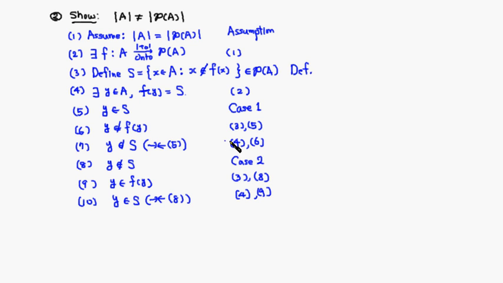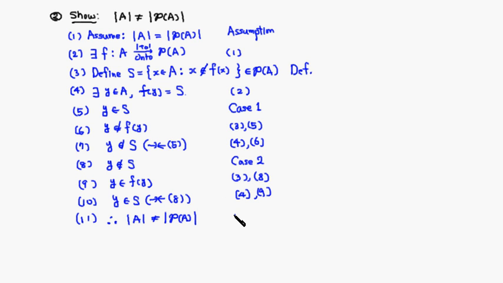So therefore, in either case, if y is in S, we got in trouble, and if y is not in S, we got in trouble anyway. Which means that the assumption we made in the beginning was wrong. So line 11: therefore, the cardinality of A cannot be the same as the cardinality of its own power set.